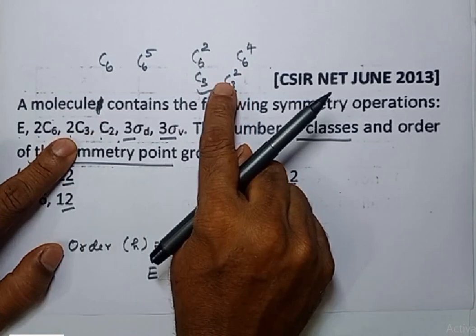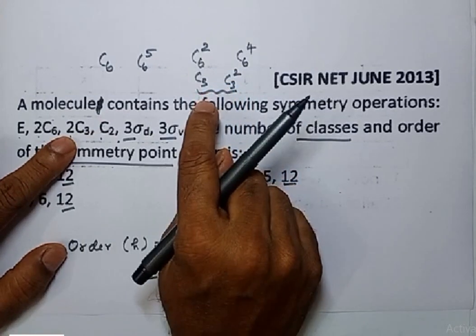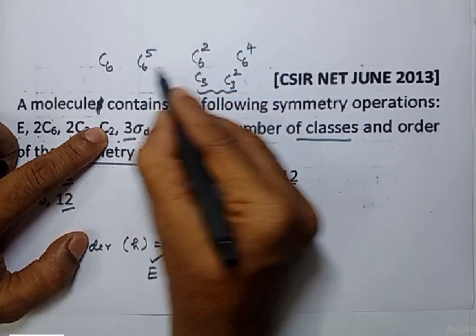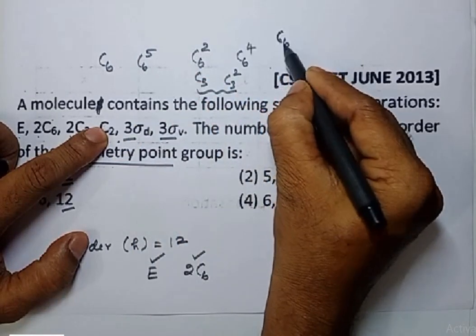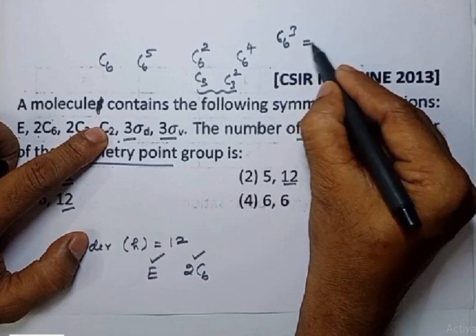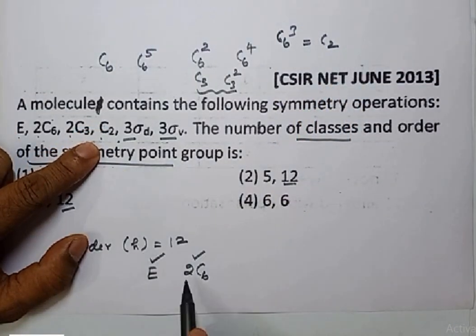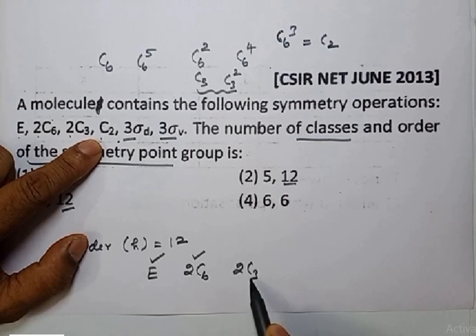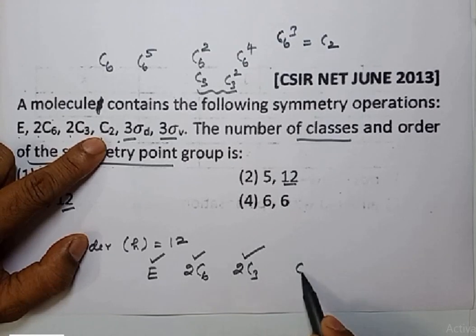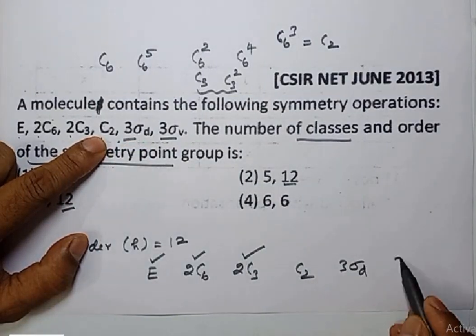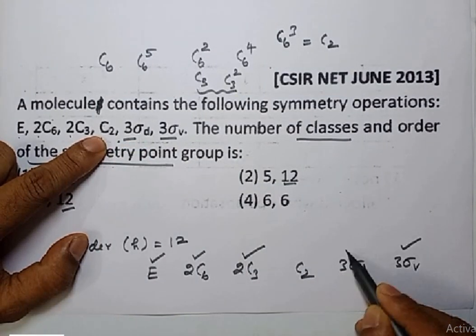Then we have C6 power 3, which is nothing but C2. C2 forms a separate class. So 2C6 and 2C3 form separate classes, and C2 forms a separate class. 3 sigma D forms a separate class, and 3 sigma V forms a separate class.